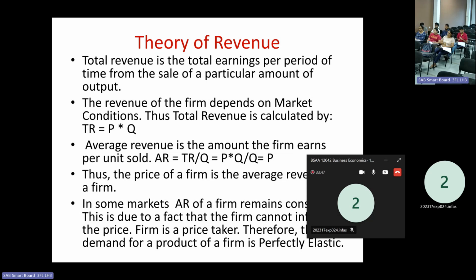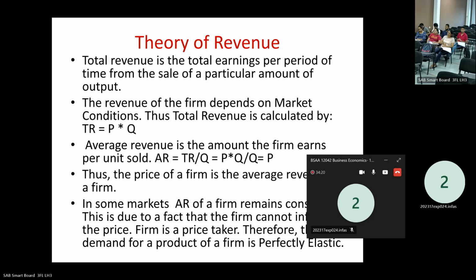There are a large number of firms. We take one single firm, still small in the market, so it cannot influence the price or the quantity. They have no influencing power, so in that case the price is fixed. Here, in price into quantity, the price is fixed, constant. Based on the demand, total revenue may vary.